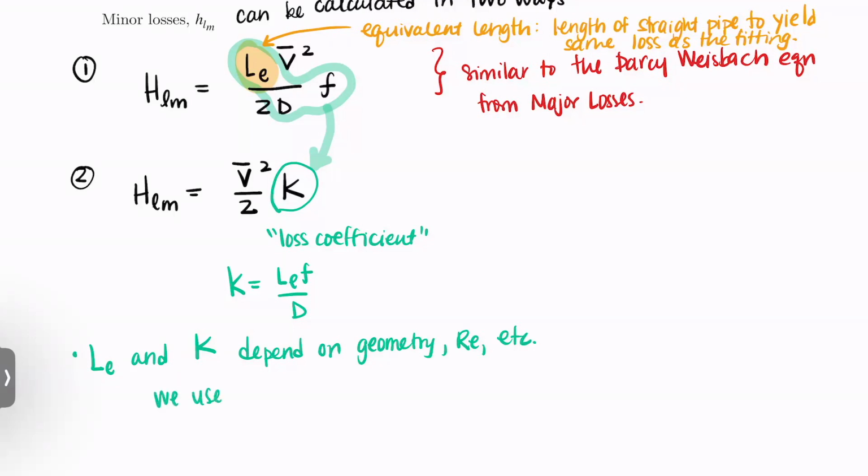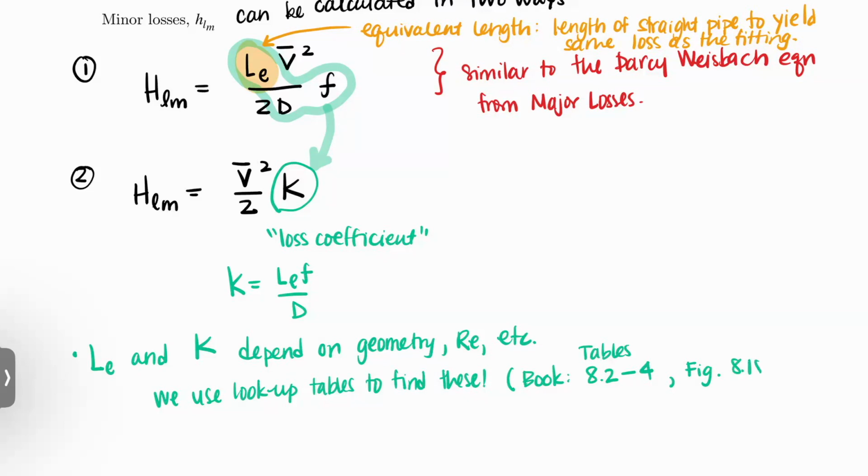We use lookup tables to find these. So if you're following along in the book, this would be tables 8.2 through 8.4, and then figure 8.15.